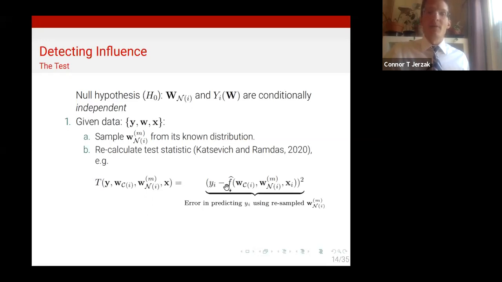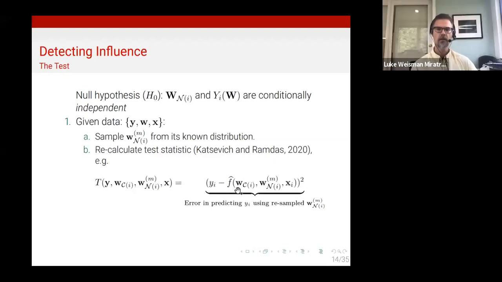So we can think about this F hat, which we're going to try to learn using a machine learning paradigm in a way that I'll discuss in the next few slides. We're going to try to build a model for the outcome, and that model is going to use information about what happened to people in this testing set. And we're going to compute the predictive loss, or the degree to which.